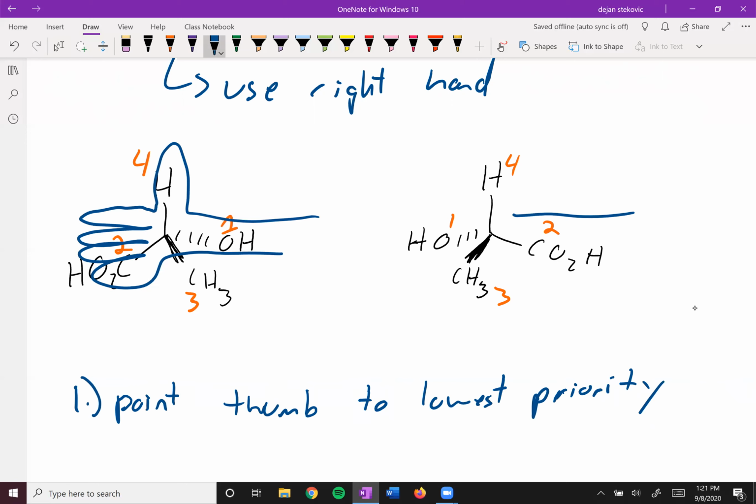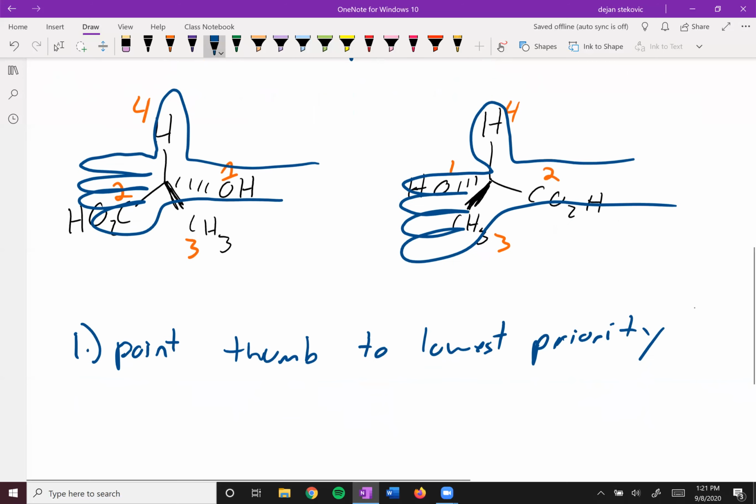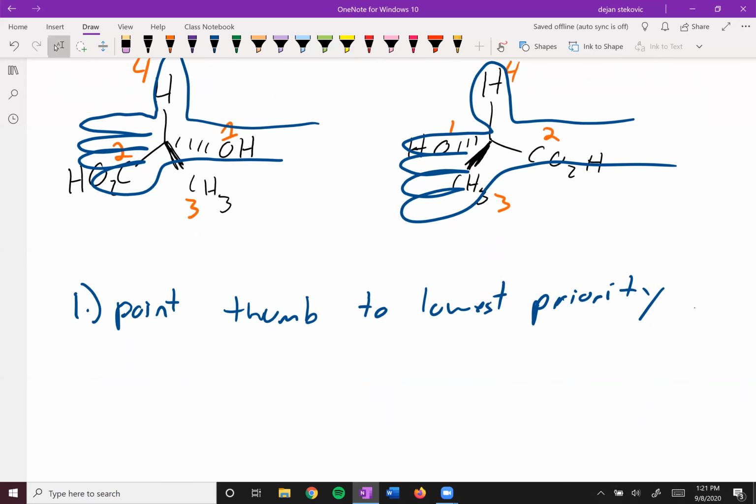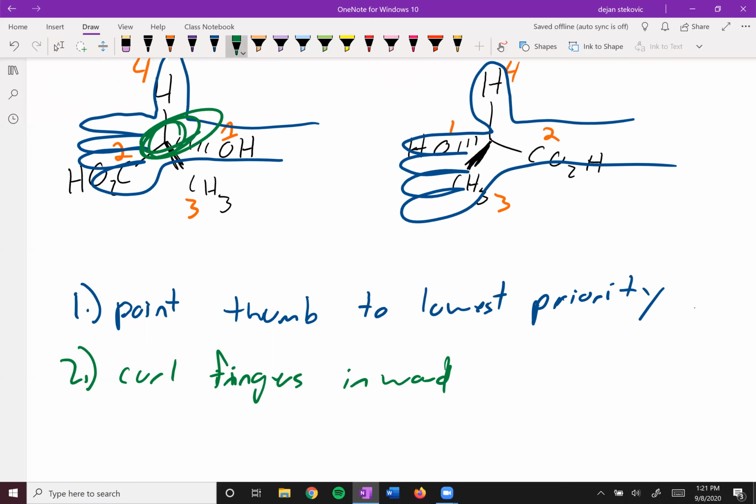And same thing here, your thumb is going to be pointing up at this hydrogen. And so then you're going to make a fist, or curl your fingers inward. And the face that you're seeing is your palm, right? Because it's your right hand.